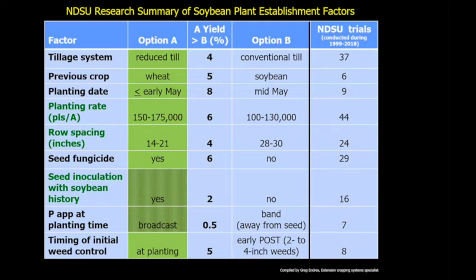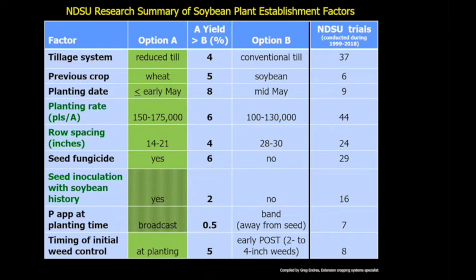So with planting rates, you notice that if a person chooses the rate listed in column A, 150 and 175,000 pure live seeds per acre, averaged across 44 trials, we see a yield advantage of 6% compared to the lower rate in column B or option B. On row spacing, averaged over 24 trials, we see an average yield advantage with intermediate rows of 4% compared to the wide rows.